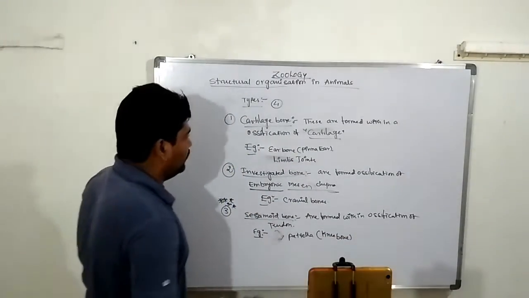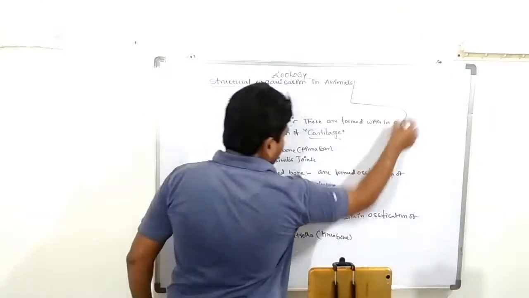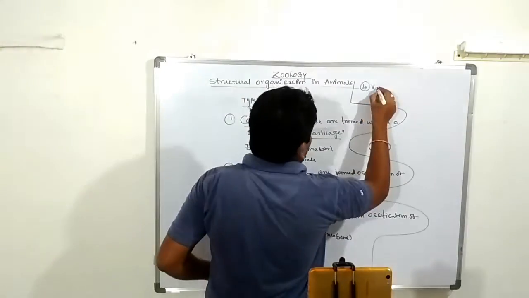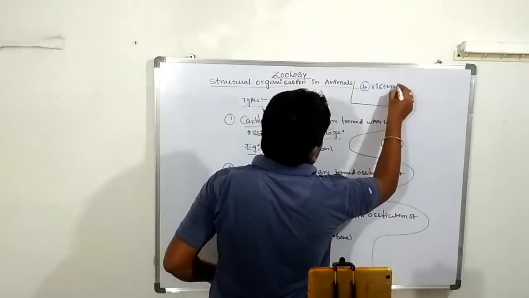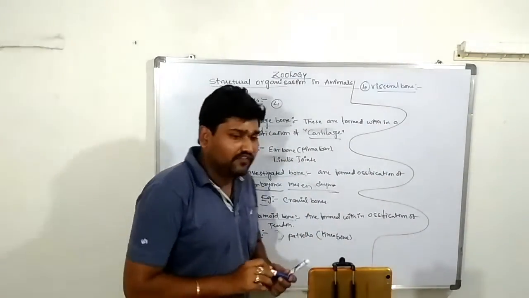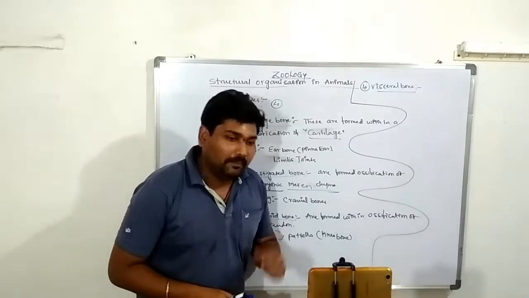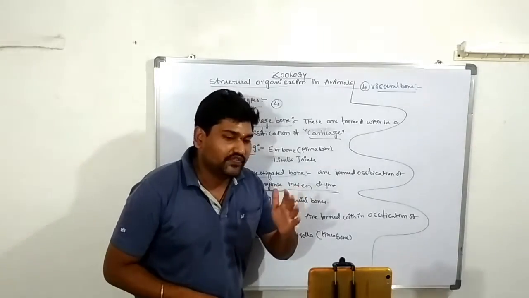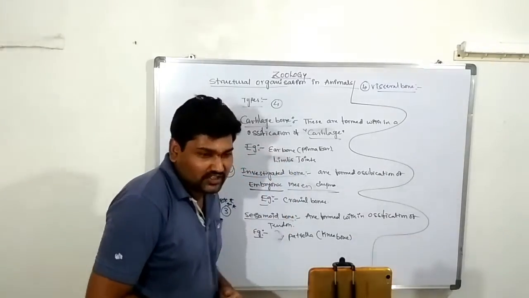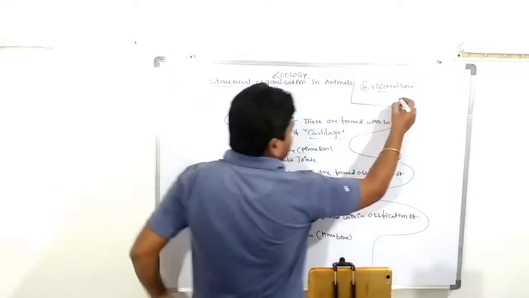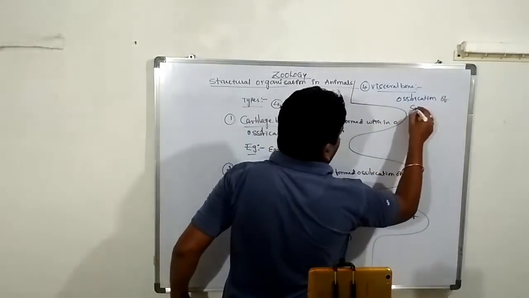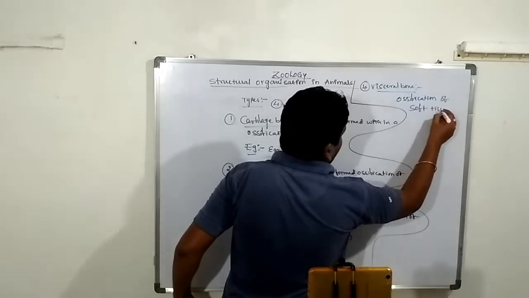Are you clear? Yes. The fourth one is visceral bone. What is a visceral bone? These bones are formed from the ossification of soft tissue.